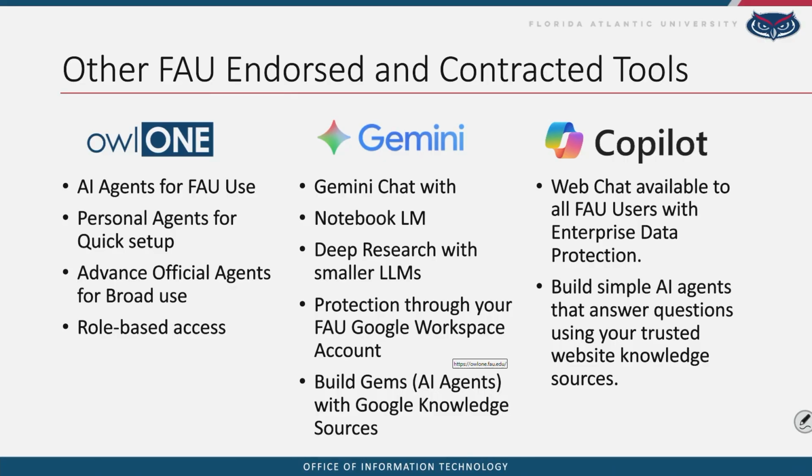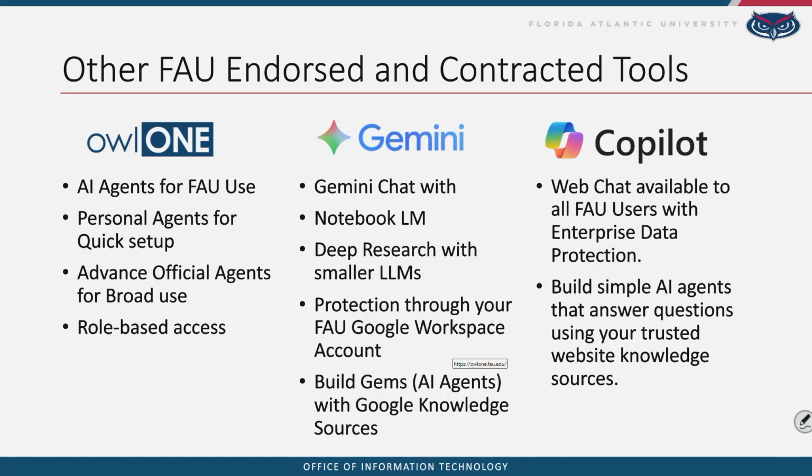Something to be aware of with all of these software is you need to log in with your FAU account to use them. FAU has actually contracted with both Gemini and Microsoft for these features, which means when you chat with these tools using your FAU account, that data is also in its walled garden. It will not be used to train the models. So you actually could put FAU information in these chats, but you just have to be careful that you are signed in. That way, you know that it will not be used to train the model.